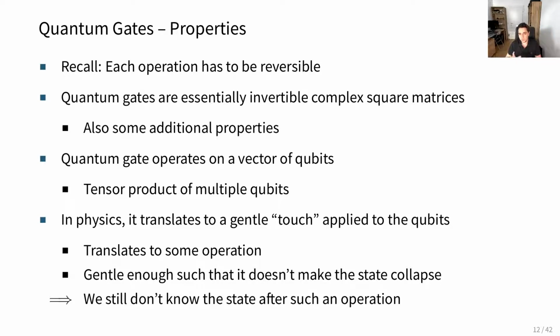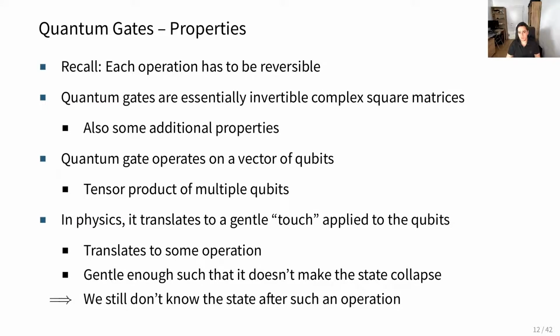And this gentle touch maps some operation. The important thing here is that this touch has to be gentle enough such that it doesn't make the state collapse. Because if it collapses, we basically destroyed every information we had. So we only want to do this at the end of the computation.